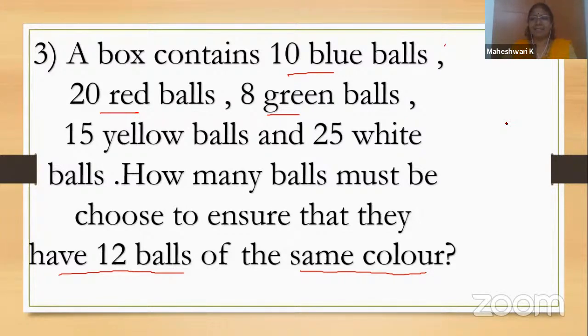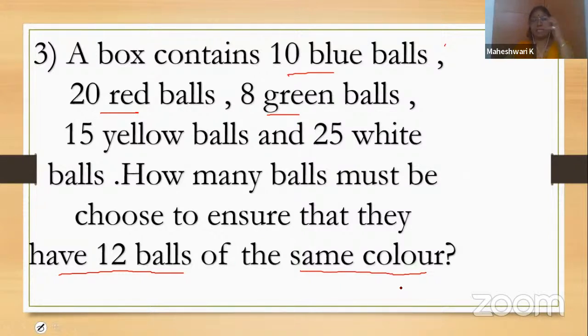Any other opinions, suggestions? How will you ensure that we have 12 balls of the same color? We have to choose the minimum number of balls. How many balls will you choose out of all these given balls so that we have 12 balls of the same color?